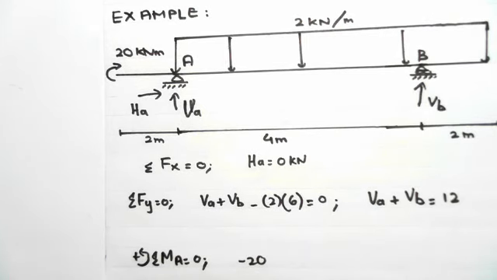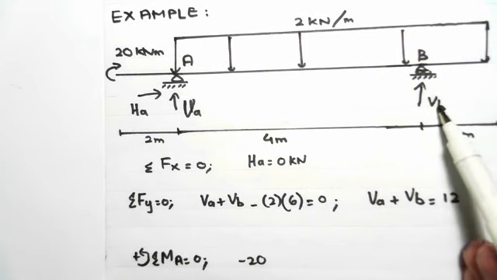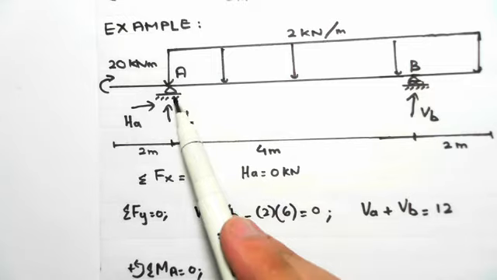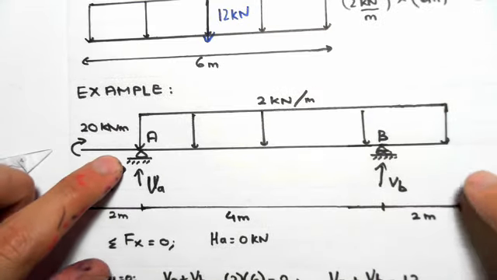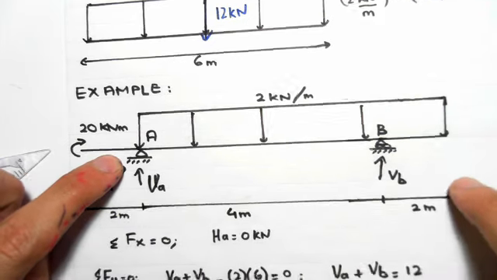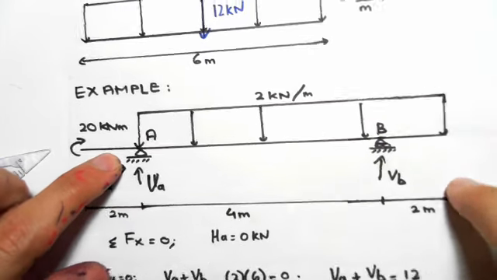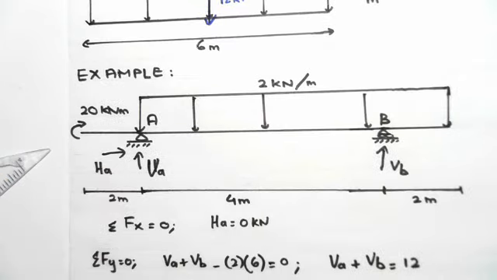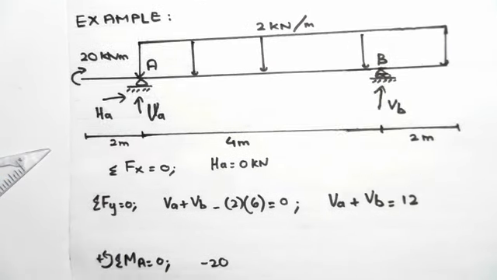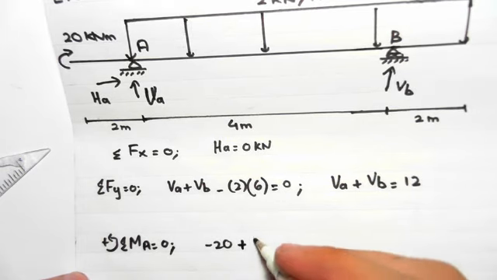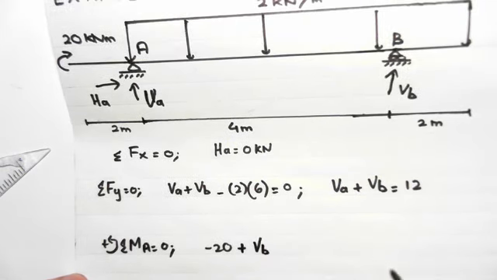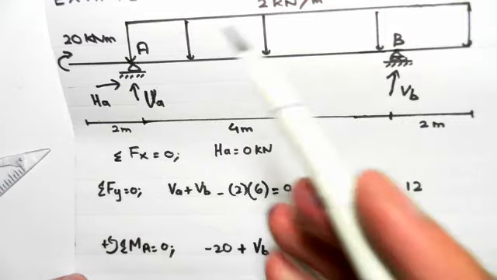And then we have VB. This VB produces an anti-clockwise moment about this support here. Like I previously mentioned, I place my finger and I move in the direction of the force. So if I push my paper, it's going to move anti-clockwise. Immediately we know that it's an anti-clockwise moment, so it's plus VB times the perpendicular distance to this point, which is 4.